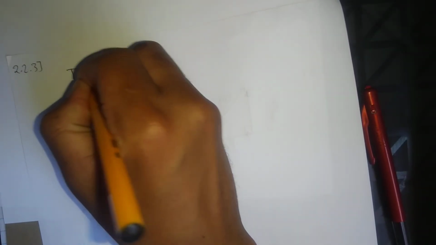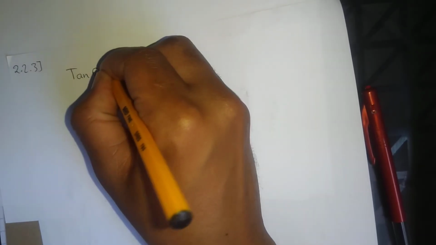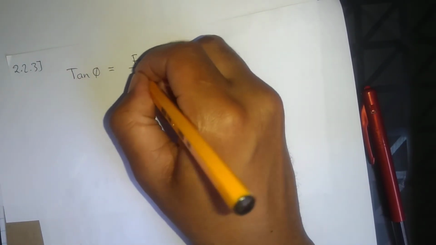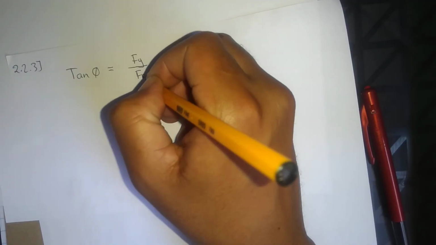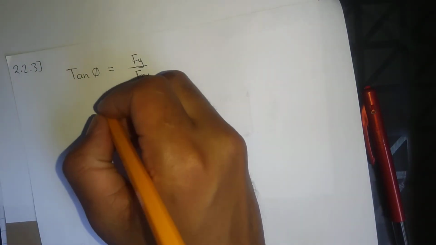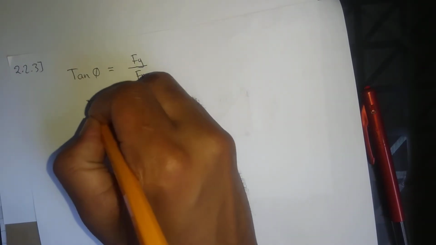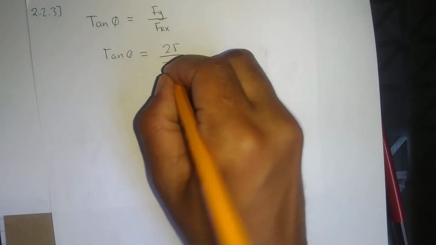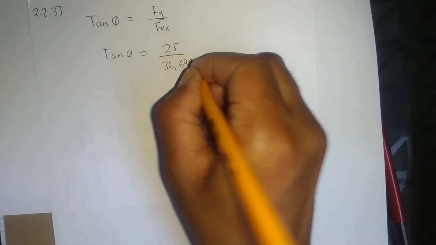But I prefer tan. So tan theta is equal to Fy opposite over Frx adjacent. Then tan theta is equal to Fy, which is 25, divided by Frx, which is 36,699 newtons.